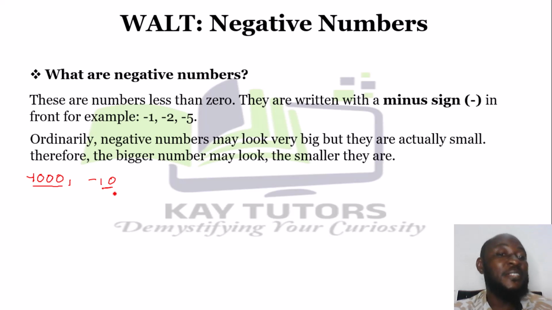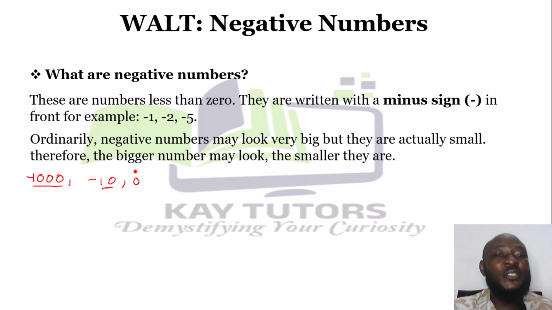Ordinarily, 10 is smaller than 1000. But in this case, since 1000 is carrying a negative sign, -1000 is actually smaller than -10. And -10 is smaller than 0.